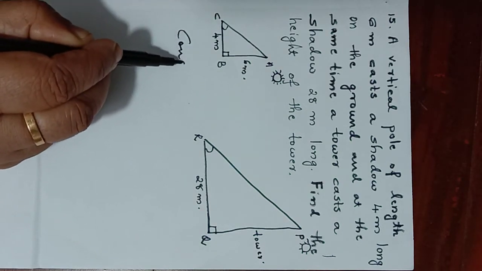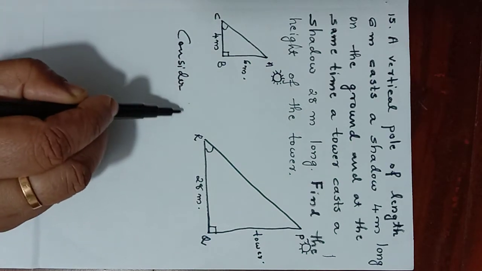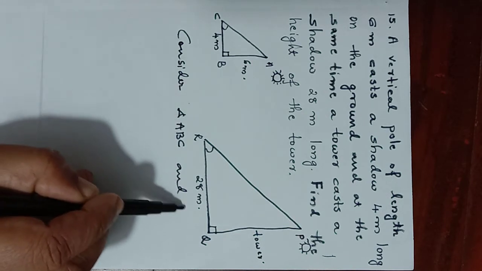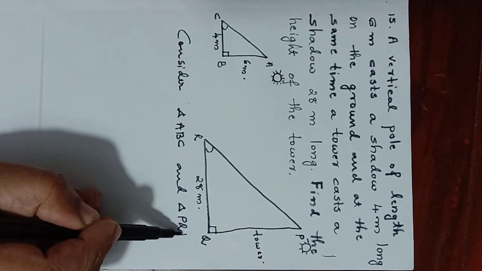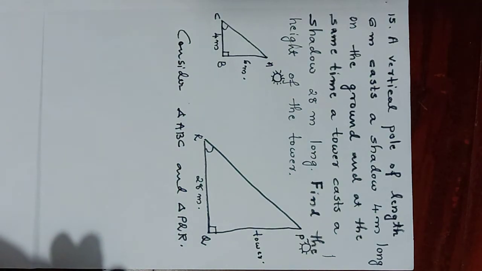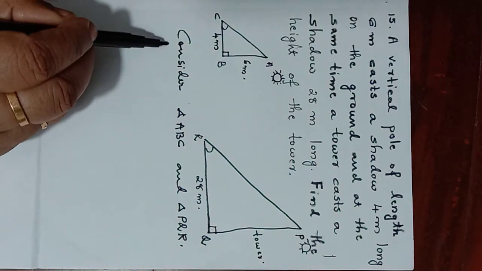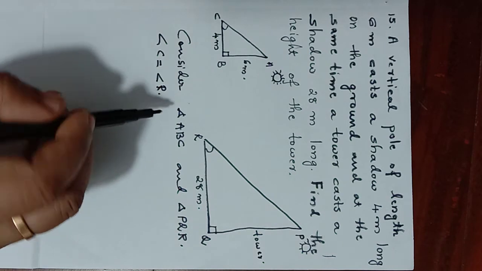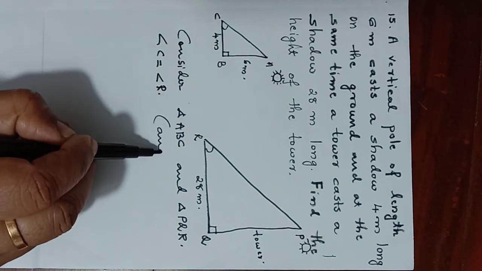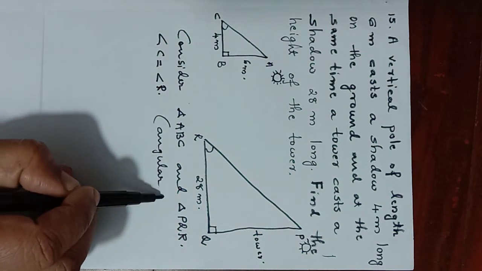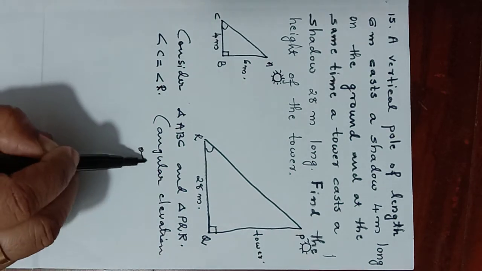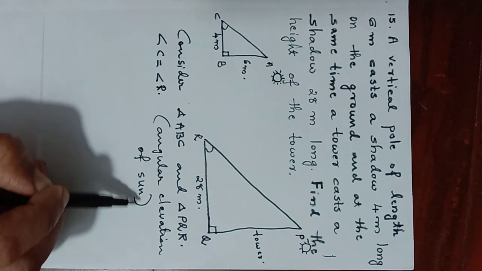So we have to write it as: consider triangle ABC and triangle PQR. So let us write it as angle C is equal to angle R due to angular elevation of the sun.